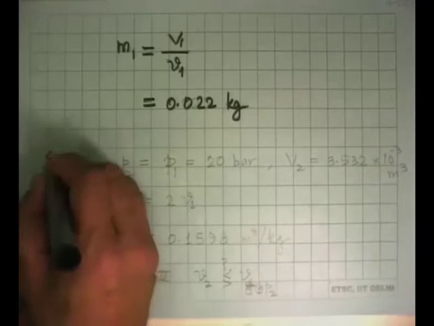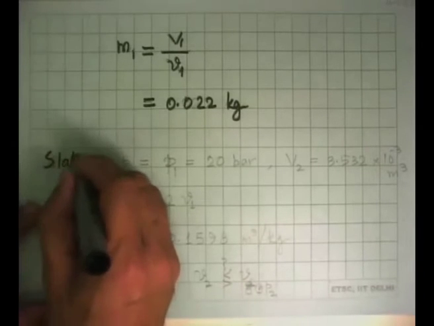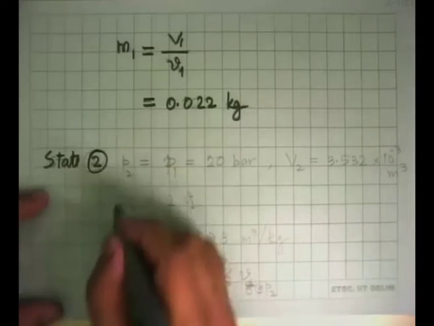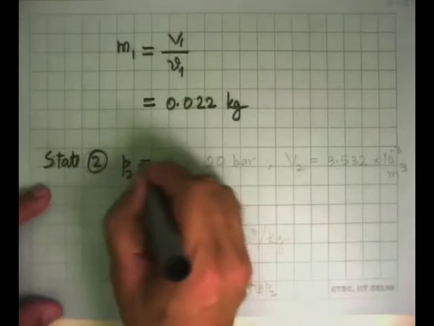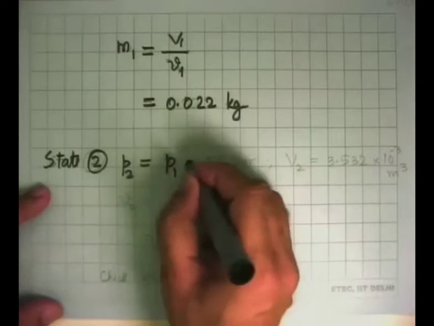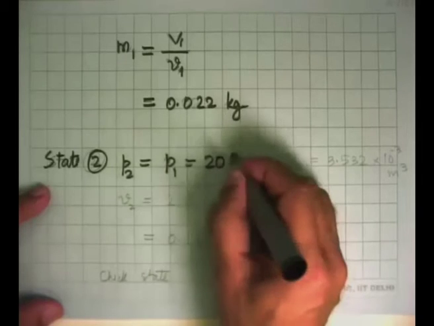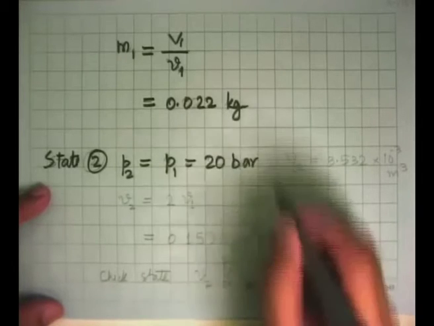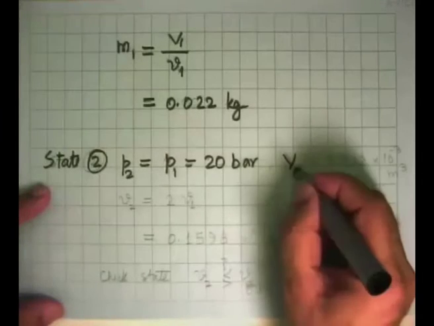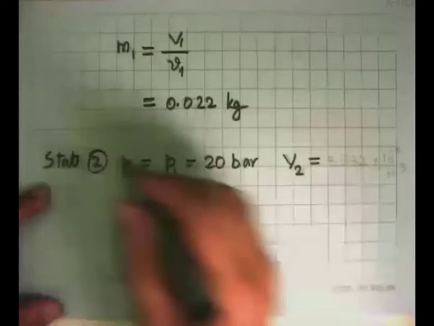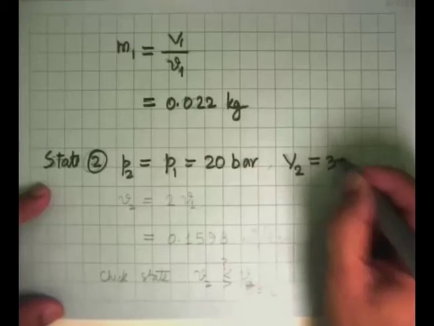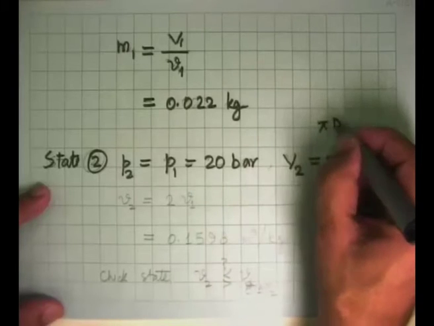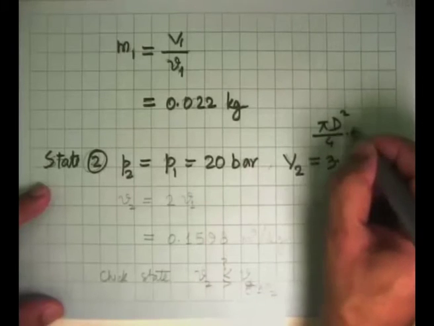Now we go to state 2. Here we have P2 is constant, which is given as P2 equal to P1, so this is 20 bar. And volume, we are told, has doubled, so whatever V1 we had, or we can independently calculate this as pi d square upon 4 into L2.